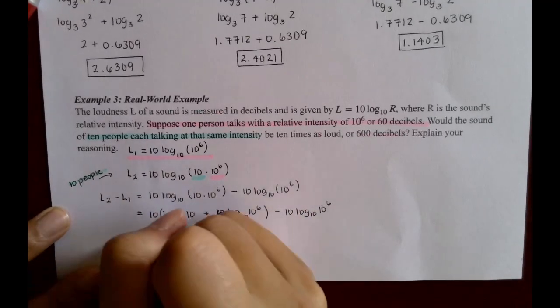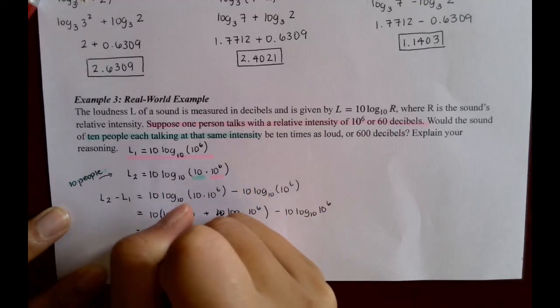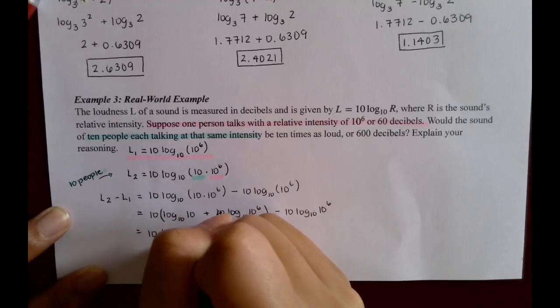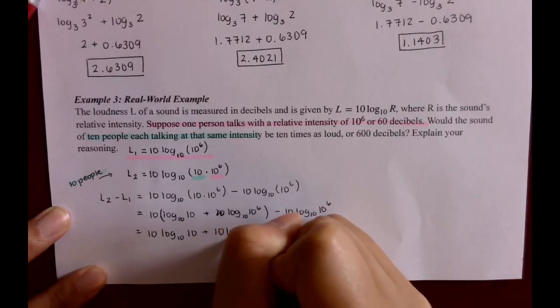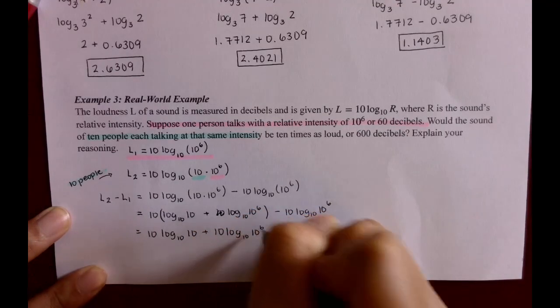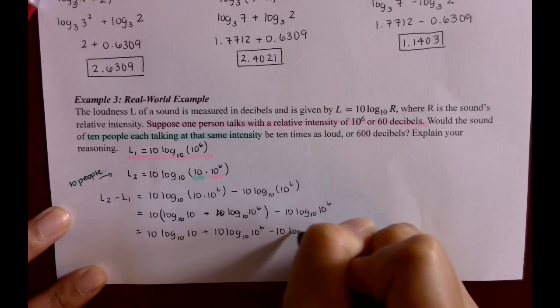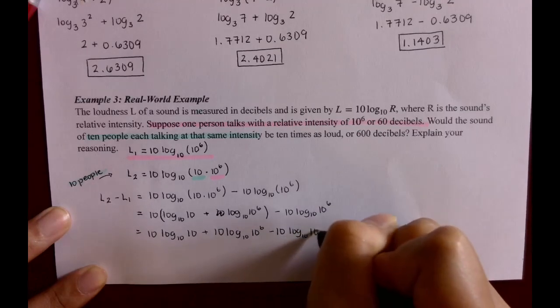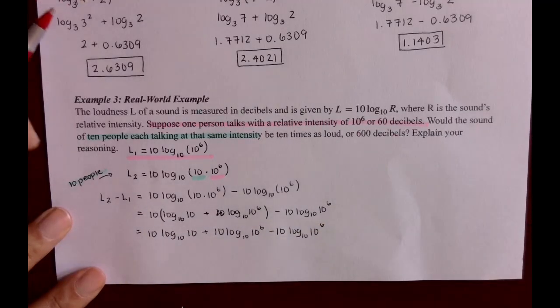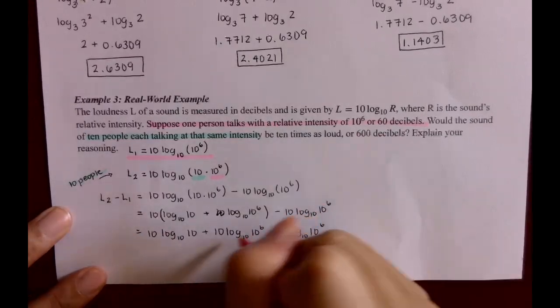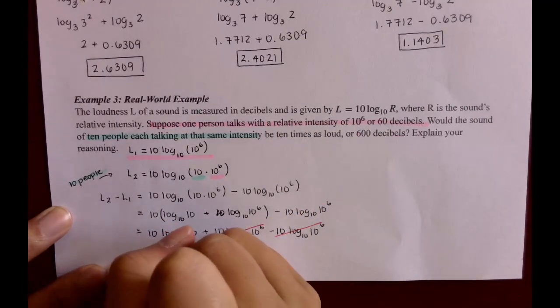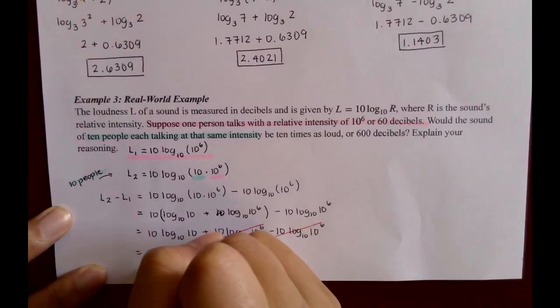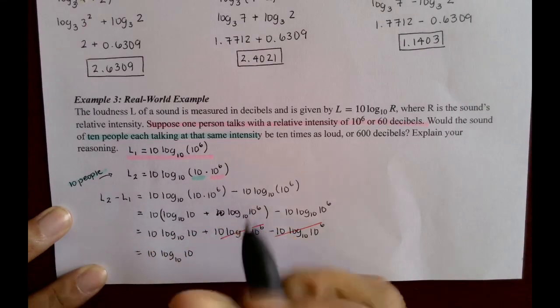Okay. Simplify this, distribute my 10, so this becomes 10 log base 10 of 10 plus 10 log base 10 of 10 to the 6th minus 10 log base 10 of 10 to the 6th. Note how these two cancel each other, leaving me with 10 log base 10 of 10.